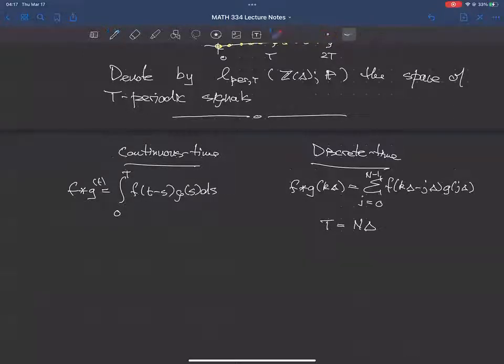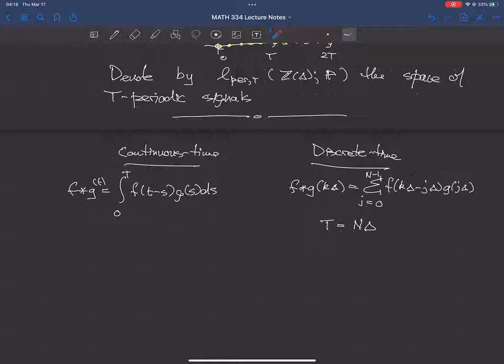You should check that all of that makes sense. First of all, you can easily verify, by the periodicity of f, that this thing will indeed be periodic, and similarly here. In fact, the entire integrand here, or the entire summand here, will also be periodic.